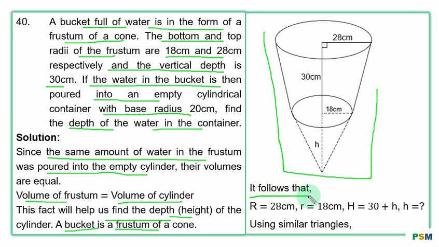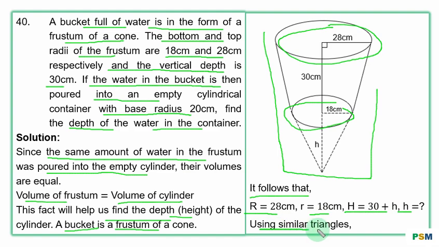It follows that capital R is equal to 28 cm, that is the top of the frustrum, the radius is 28, small r, bottom of the frustrum is 18 cm, capital H is equal to 30 plus height of the smaller cone. Height of the smaller cone is unknown.